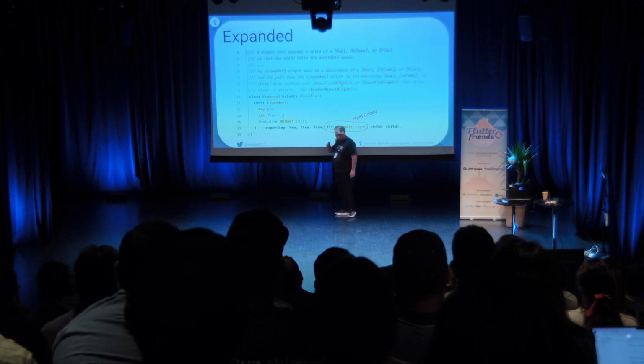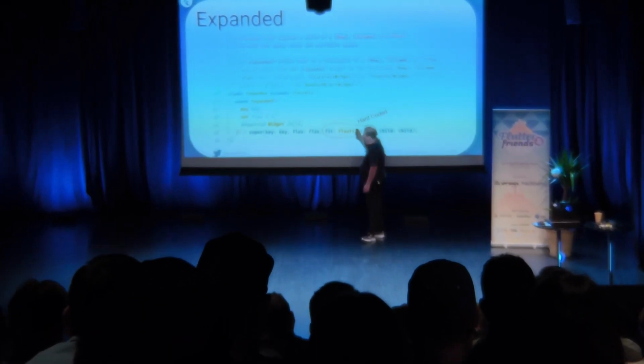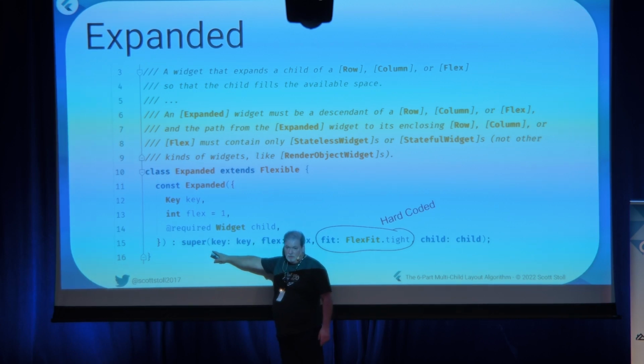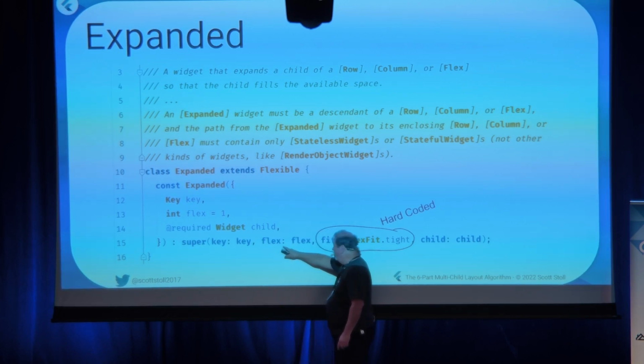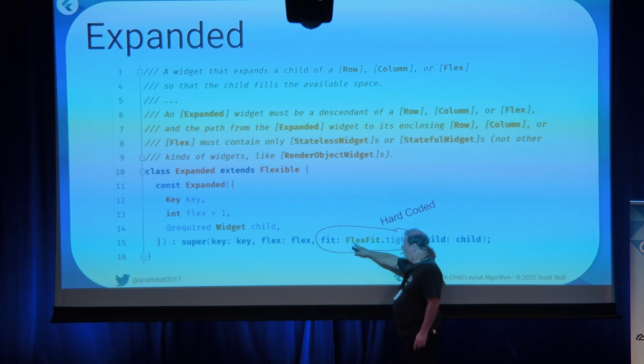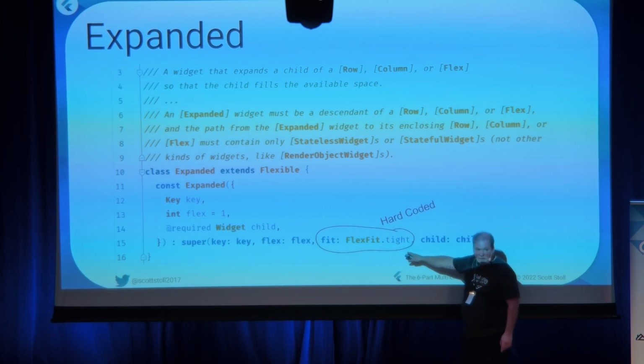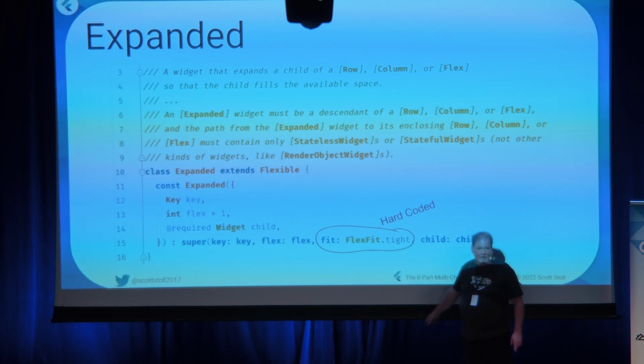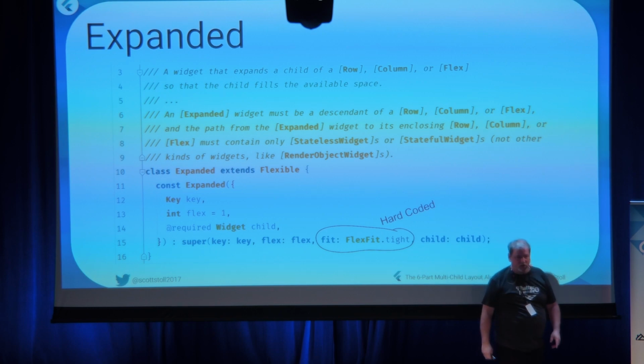But wait, there's more. What we're going to do here is in the super call to the flexible, we are going to set the fit hard-coded to tight. You cannot change it.